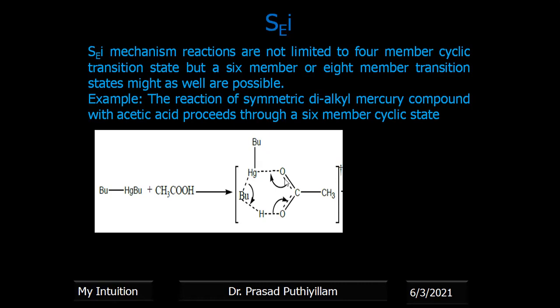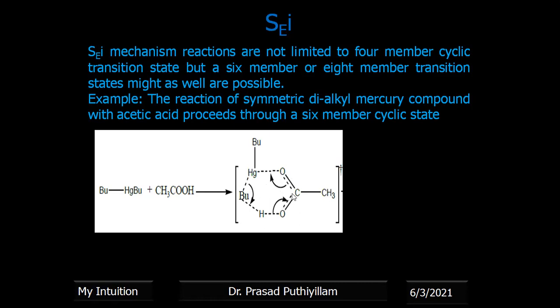Now here the pi electrons of the acetic acid C double bond O form a bond with the mercury, so that the mercury-butyl, the mercury-carbon bond, breaks and butyl forms a bond with the hydrogen. Therefore the OH bond breaks and it gives a double bond here. Initially the C double bond O was at the upper side.